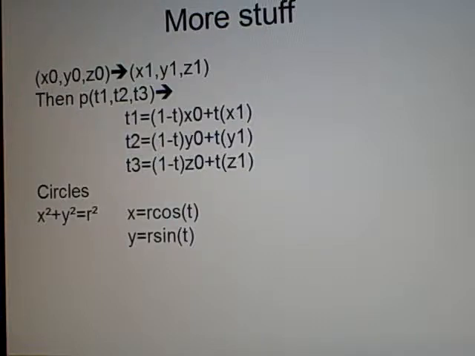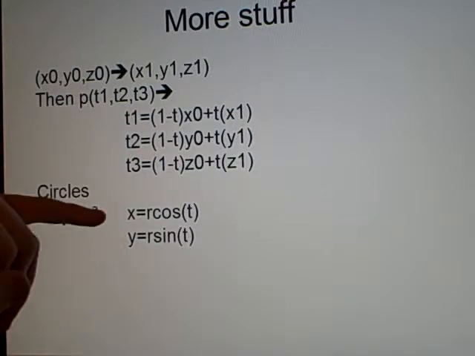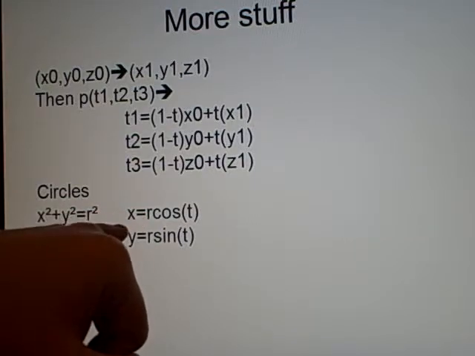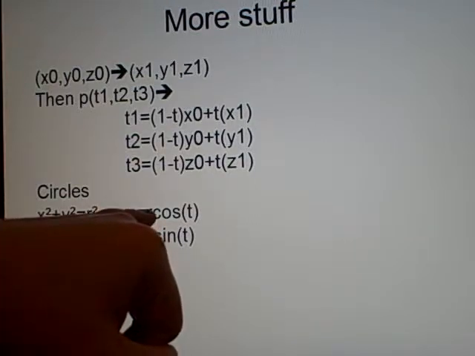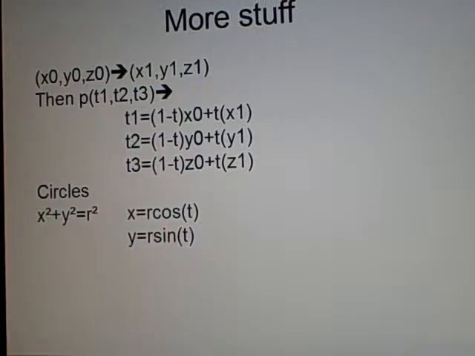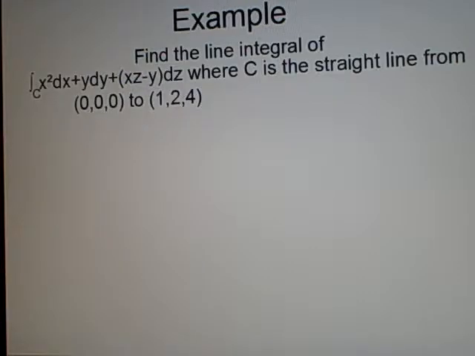The r will be replaced by the radius which is in the question, hopefully. Then again you just differentiate it and you'll get minus r sine t and r cosine t. I've got a circle example coming up as well to help you make sense of that.